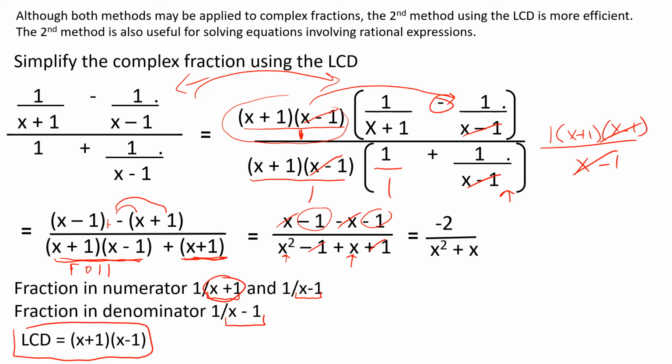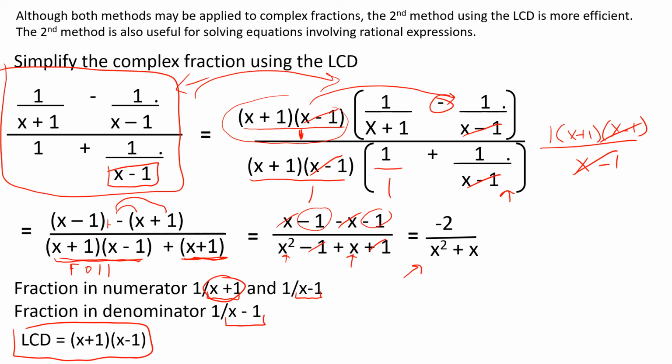But now what we want to look at is what would be our excluded values. We want to look at the original. So here's the original. What was the denominator in the original? X minus 1. Is x minus 1 in this denominator in our new one? No, it's not.